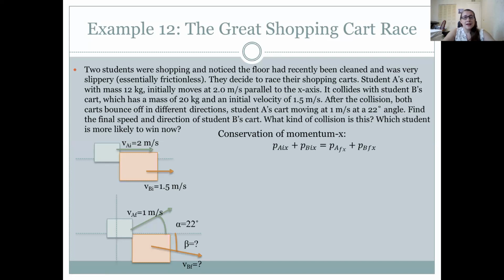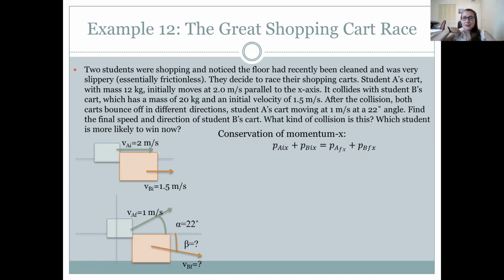And then we'll go back and try conservation of energy and see if that works. If the total energy at the beginning equals the total energy at the end, then energy is conserved and it's an elastic collision. If not, then it will not be an elastic collision. But we'll get there in just a minute. Let's focus on momentum for now.